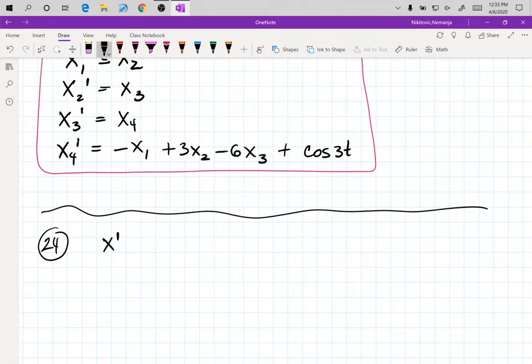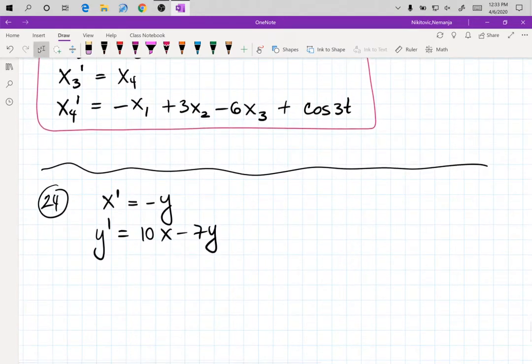So x prime is negative y, and y prime is 10x minus 7y. So from the top equation, now we are condensing them, right? This is a system. So we want to mush them together into one equation. Now, when you take two first orders, they're going to combine into a single second order.